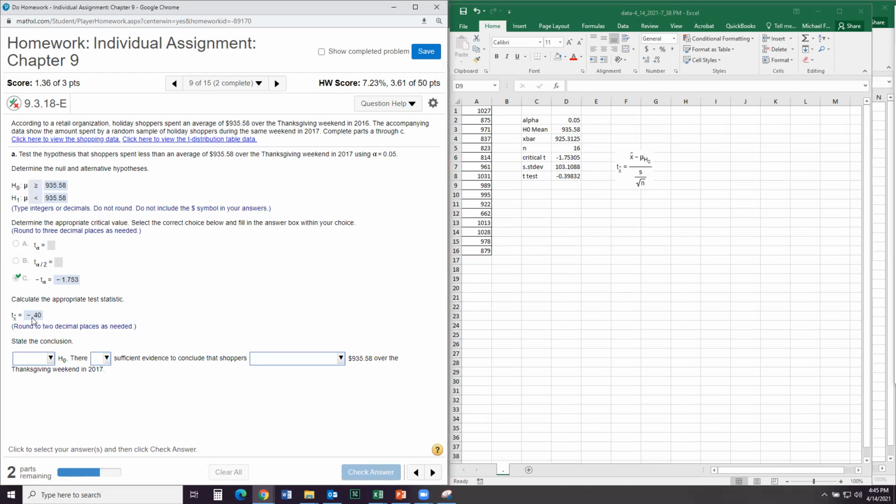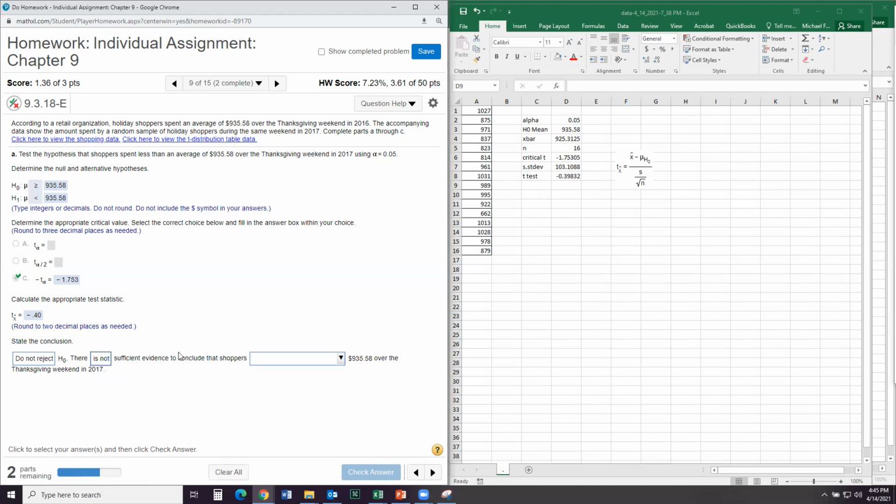All right, so now we have to come up with the conclusion. We know that our critical t is negative 1.75, and that our t-test is negative 0.39, which means our t-test is close enough to the mean. In fact, it's pretty close to the mean, only 0.4 below the mean. So do not reject the null hypothesis.